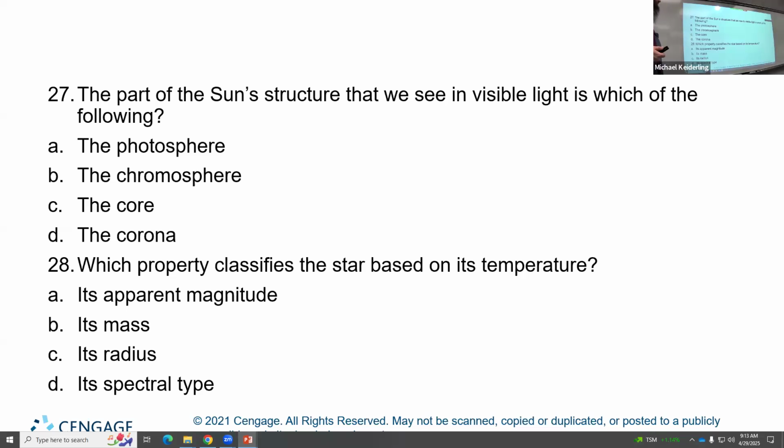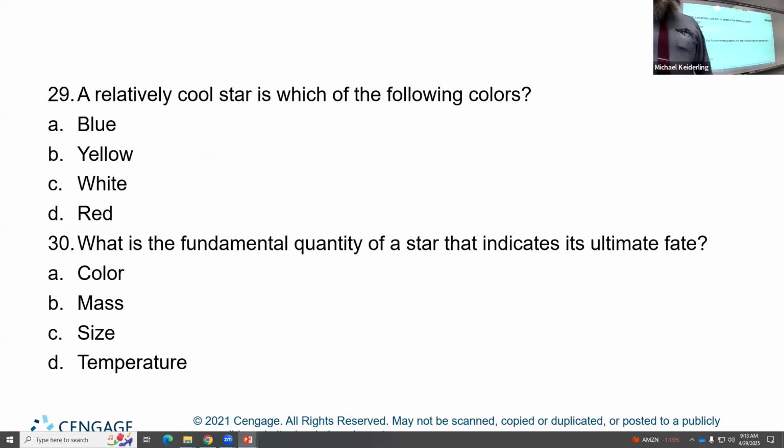Which property classifies the star based on its temperature? That is its spectral type. That's one of the ways we can measure temperature. A relatively cool star is red, while of these, a blue star would be the hottest. Red is cool, blue is hot.